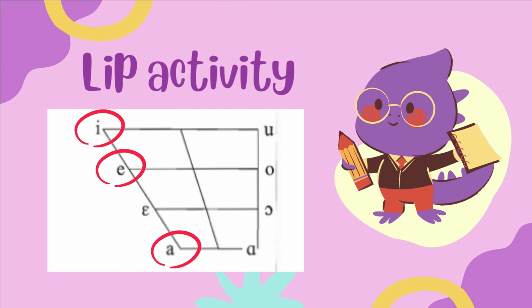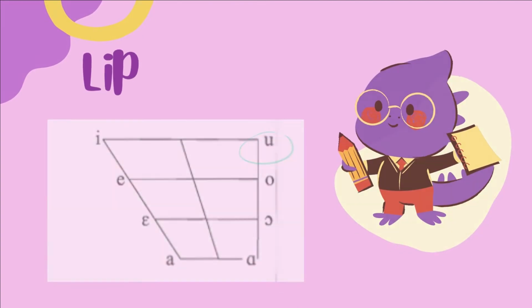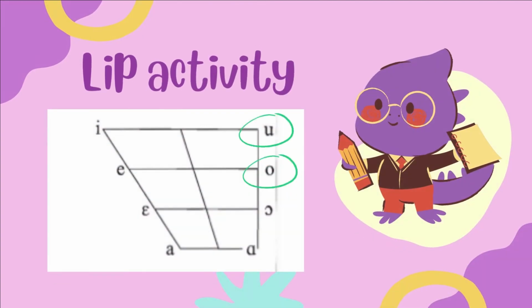Conversely, in the front series A, E, I, the lips are neutral for A and become progressively spread through the series to I.